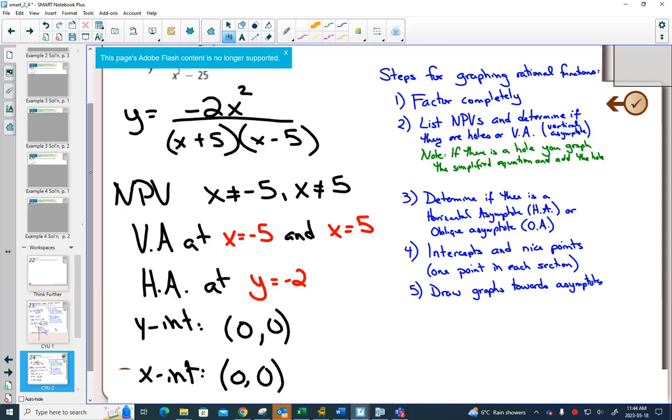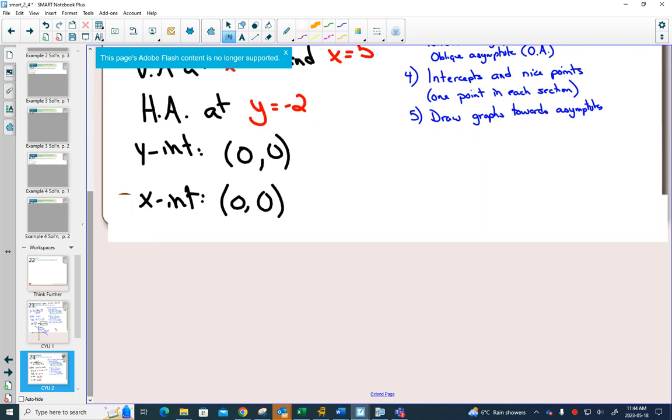Now, when we go to graph this, draw what we have so far.